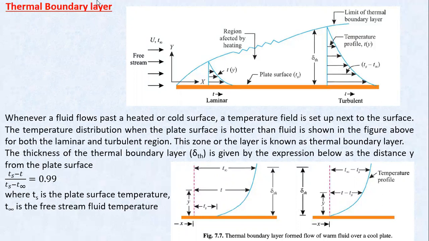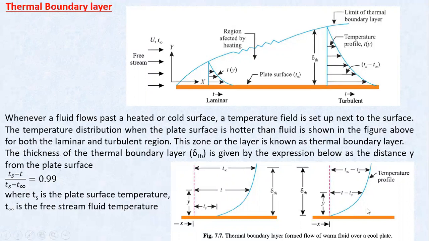That thickness is known as the thermal boundary layer thickness. The expression is (Ts − T)/(Ts − T∞) = 0.99, where Ts is the surface temperature, T∞ is the temperature of the fluid flowing, and T is the temperature at any distance y. When we get 0.99, that thickness y is known as the thermal boundary layer thickness.